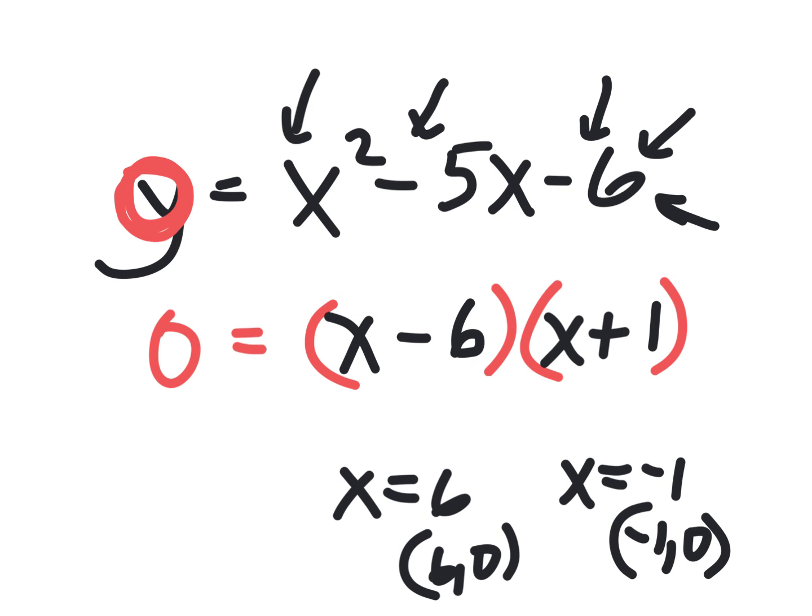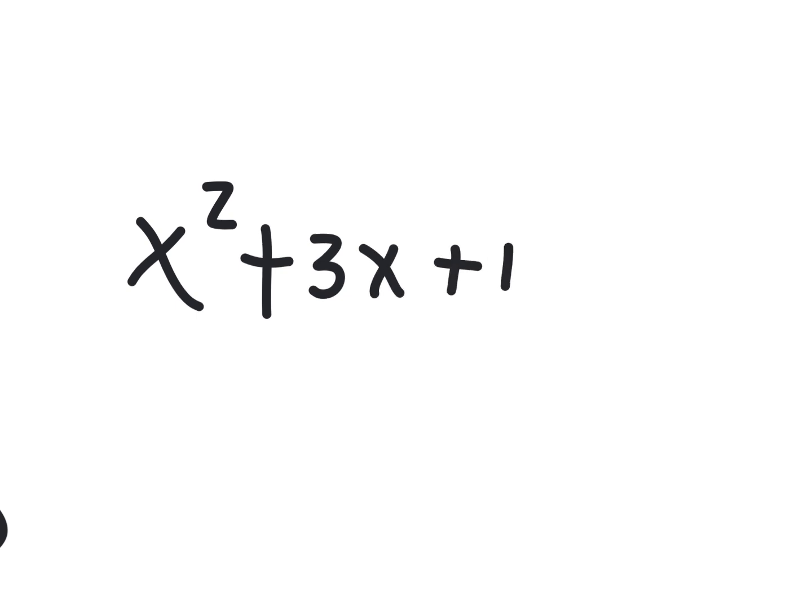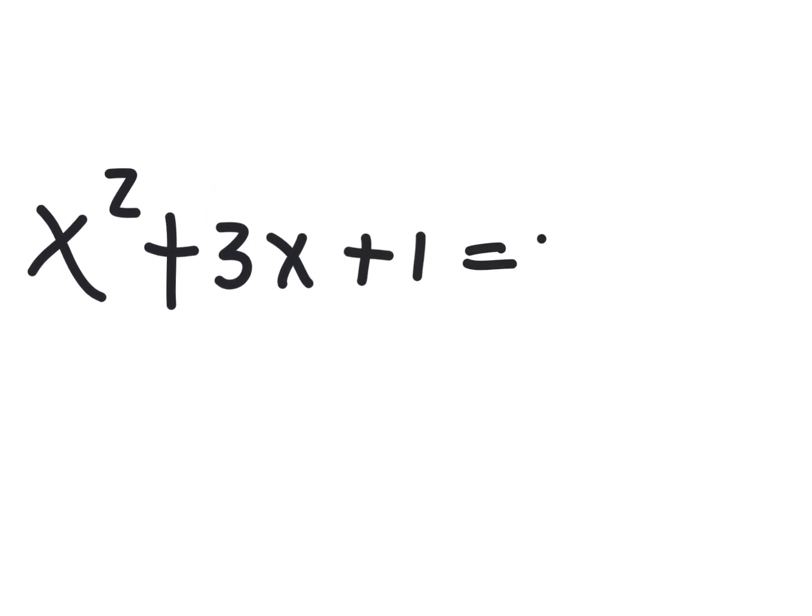Now, what happens if it doesn't factor? x squared plus 3x plus 1 doesn't factor. What did I just teach you yesterday? It's called complete the square. Let's do that. Move all of this over, the plus 1 equals 0.